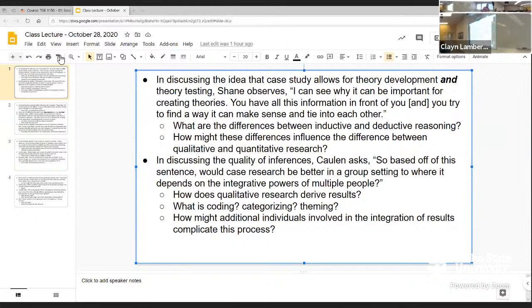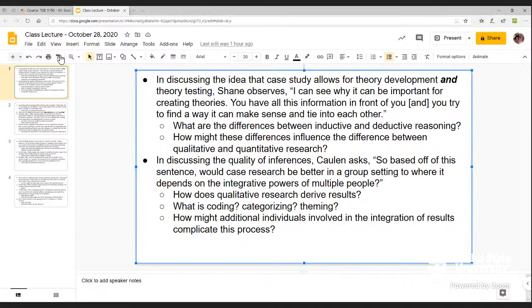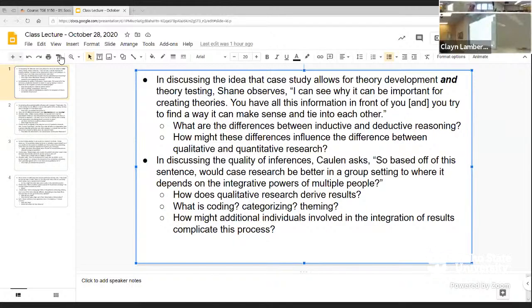Shane. Because you'd have other people that have perspectives on. Okay, so the idea is the inference could have higher quality if more people are bringing their own perspective in, because it increases the representation of ideas, right? Okay. What could make it more difficult?